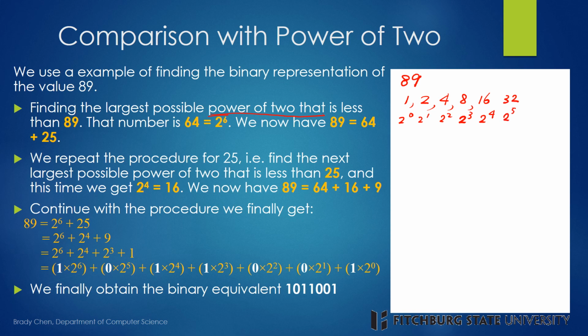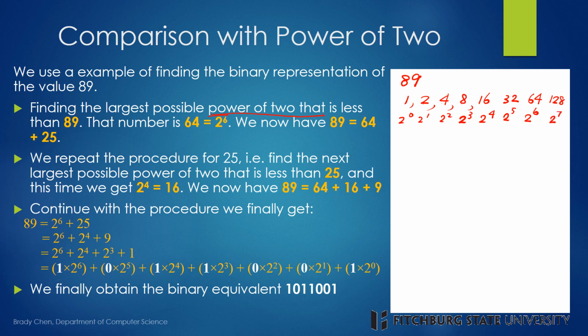So we just simply need to double the number. So 2, 4, 8, 16, 32, and then the next number is 64, since we double the 32, so that's 2 to the 6, right? Now what's the next one? We double the 64, that's 128. That's 2 to the 7.